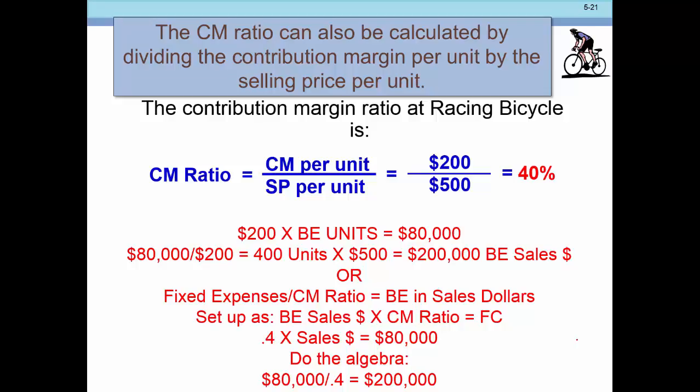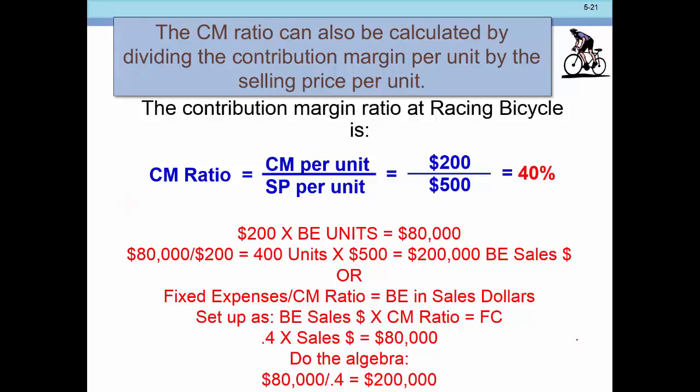I do the algebra, divide each side by 0.4, and I have to generate $200,000 in sales. It gives me the answer in dollars. I don't have to multiply the break-even in units by the sales price per unit to turn it into dollars. It just automatically gives it to me in dollars, right?